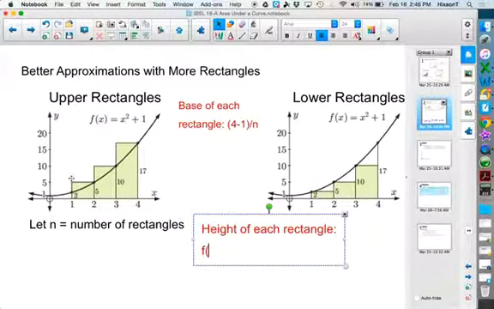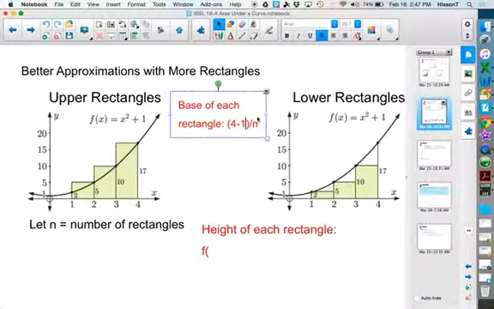So I'm not going to evaluate it at 1. Where does the first rectangle end? Well, in this case, 2. What about if it's up here, each one is 3 over n wide, right?